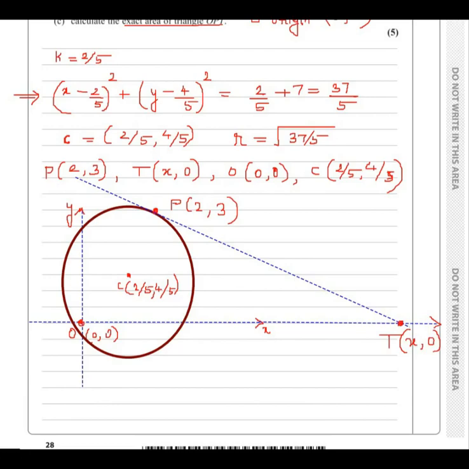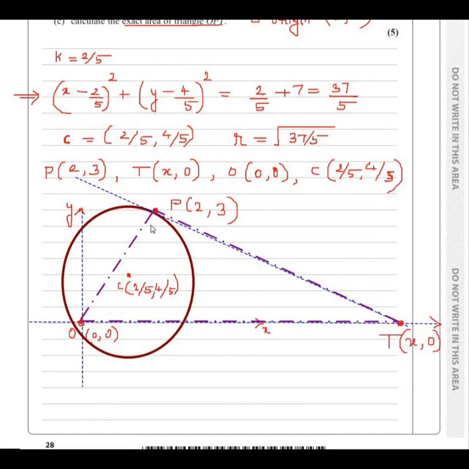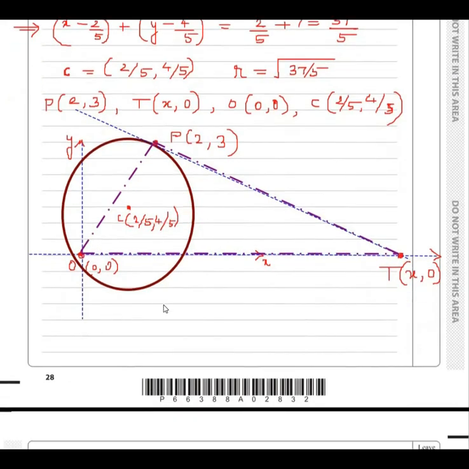Let me show you the triangle as well. The triangle formed is O, P, and T. So we have to find the area of that triangle. To find that, the area of the triangle formula is given as half times base times height.